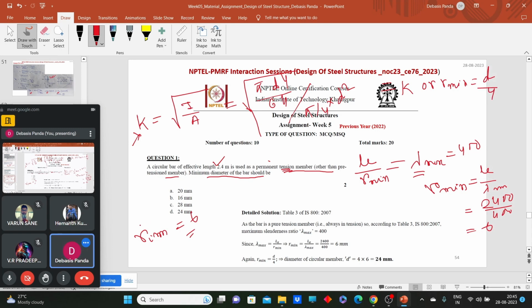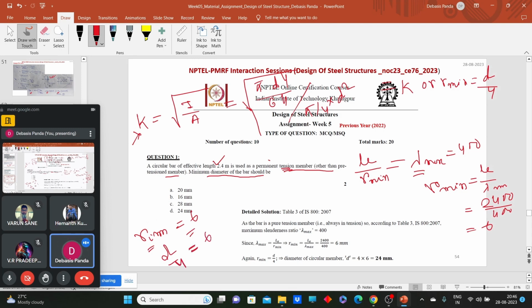We have the R minimum value as 6, so d by 4 is equal to 6. So what will be the diameter of the circular section? 6 into 4, that means 24 mm. Clear? So this is 24.